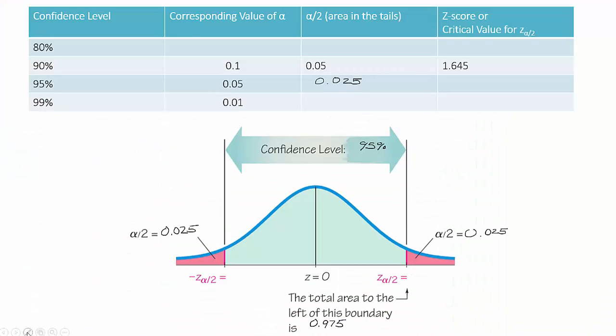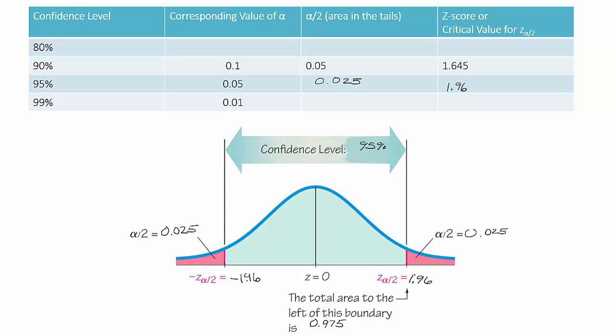So I come back to my picture, and we found that this is positive 1.96. This is negative 1.96. We see that symmetry again. And so our z-score, or critical value, and we're going to use the positive one, knowing that the formula we will use this in has the plus or minus to get both of them.